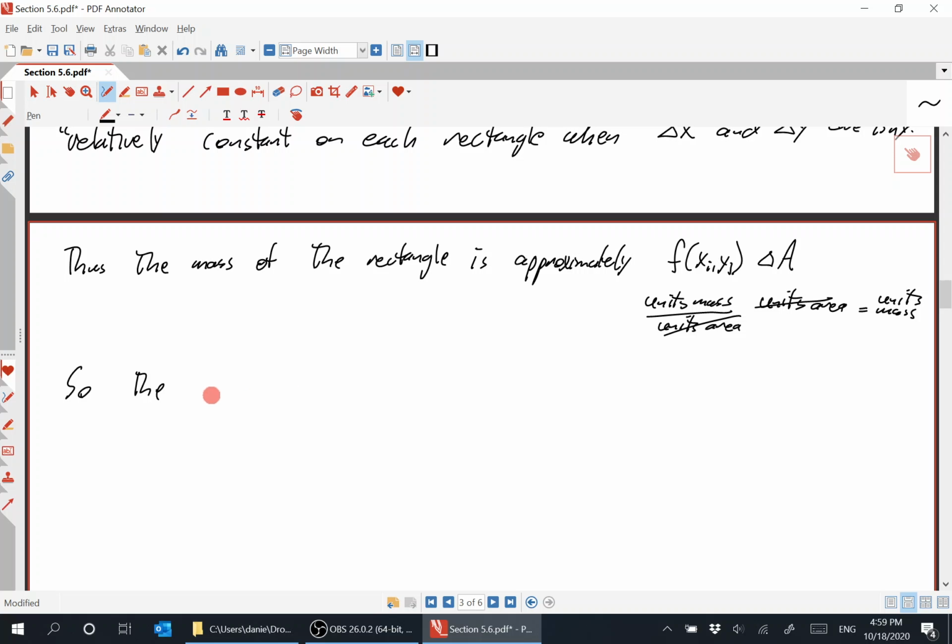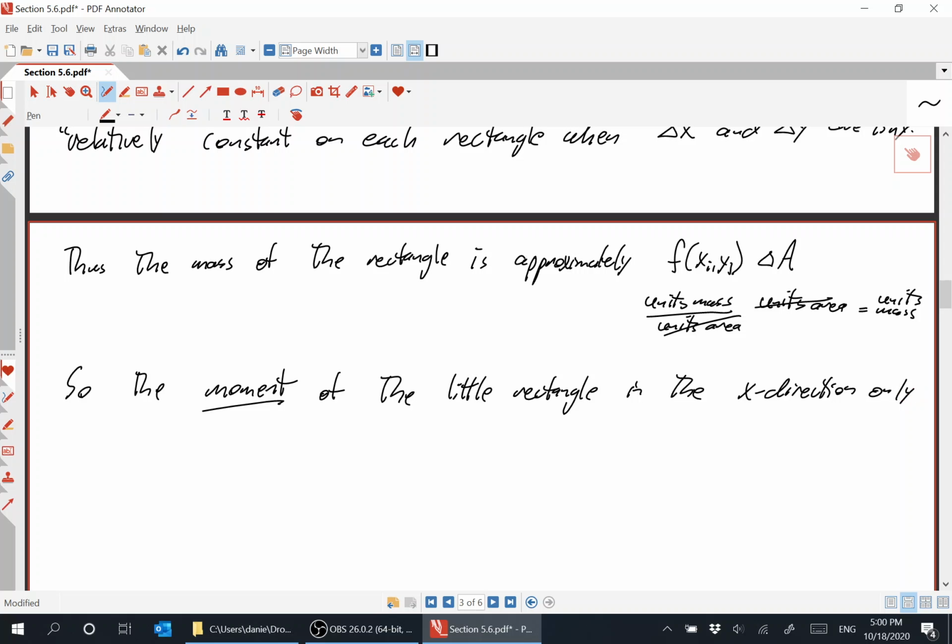So the moment of the little rectangle in the x direction only.